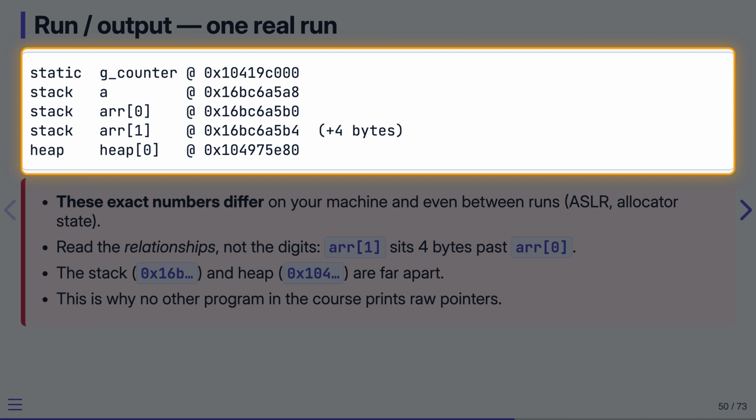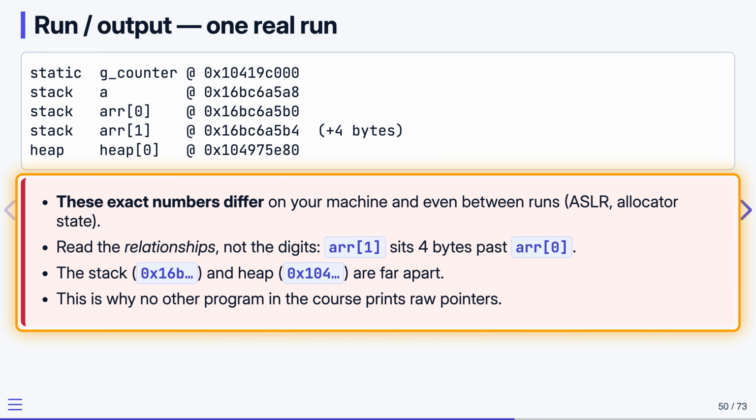The heap address starts with 1, 0, 4. They are far apart. The stack and the heap live in very different parts of memory. One warning: these exact numbers will differ on your machine, and even between 2 runs, because of address randomization and the allocator. So read the relationships, not the digits. That is why no other program in this course prints raw addresses.